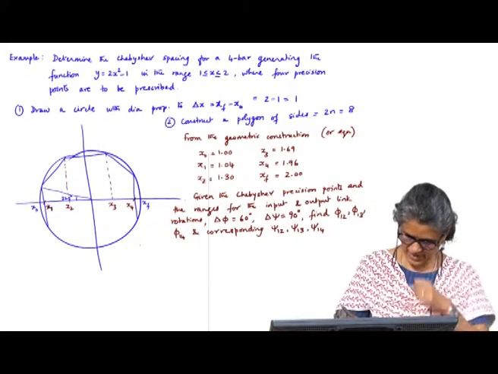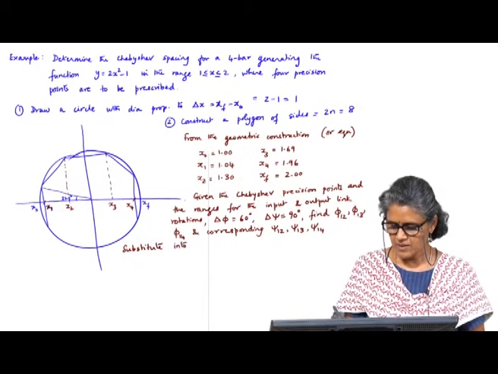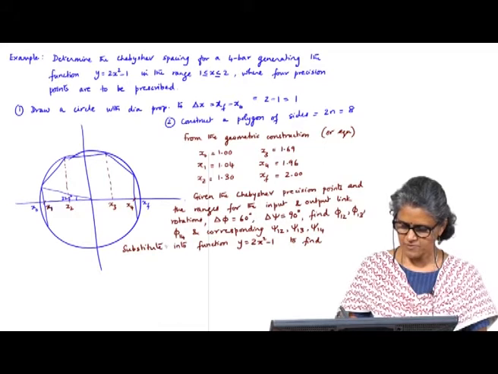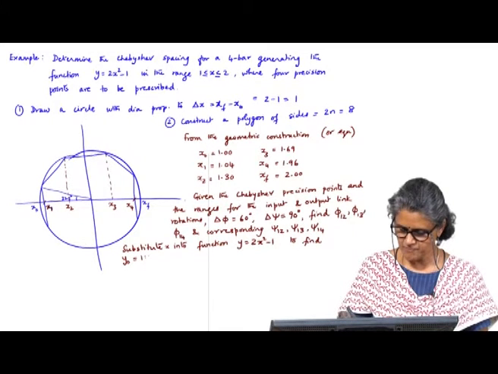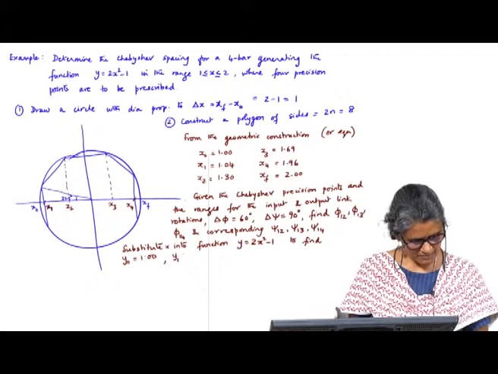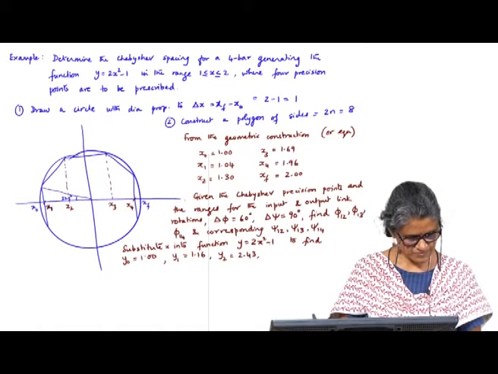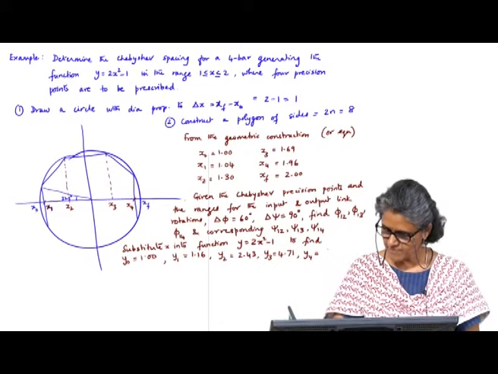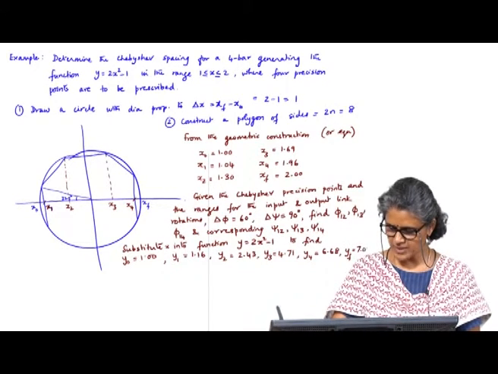So, substitute the values of x into the function y equal to 2x square minus 1 to find y. Substituting the x values into this function, y naught is 1, y1 is 1.16, 2.43, 6.68, and at x equal to 2, y is 7.